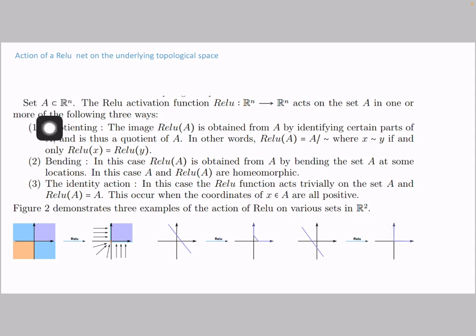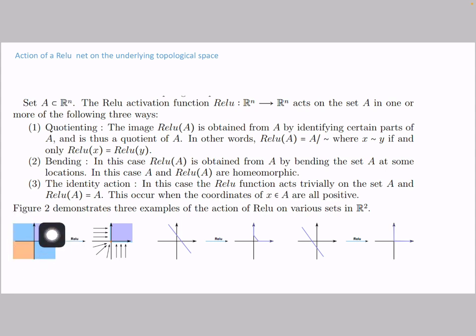If you are given a set A in Rn, then the ReLU activation function maps this set to another set, which we call the image, ReLU of A, in one of those three following ways. So let's consider the figure here, and then I'll explain the correspondence between the figure and what we have over here. Suppose that you have this data set here. This is my A.